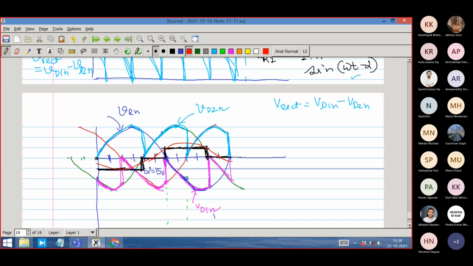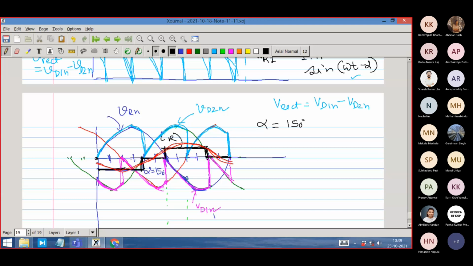So that will be the fundamental of this current waveform. The fundamental of this current, the black one, is I would say IR for alpha equal to 150 degree.